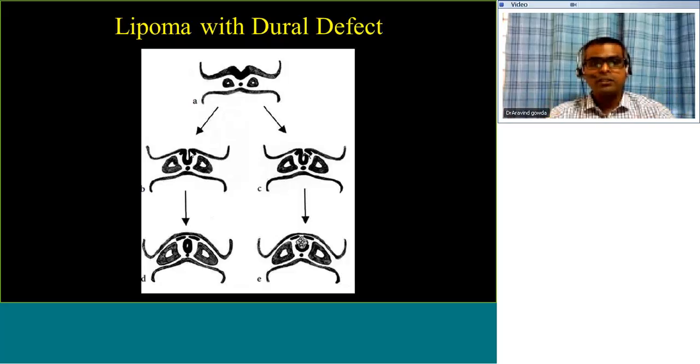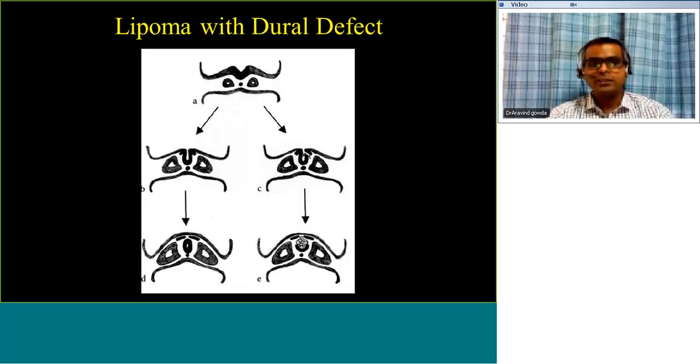That means early disjunction of the epidermal tissue from the primitive neuroectoderm will give rise to the lipomatous tissue. So mesenchymal tissue will give rise to the lipoma. So if this mesenchymal tissue enters the neural tube, then it will give rise to the lipomyelocele or lipomyelomeningocele.